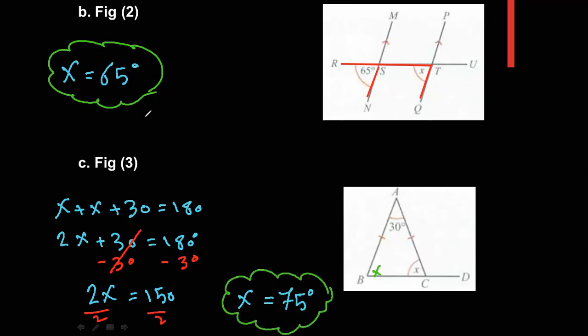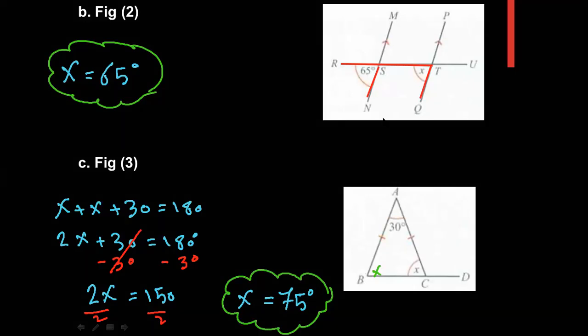Okay, let's move to the next problem. I have here the concept of the parallelogram. وأنا طبعا عرفت إن هو parallelogram because this is quadrilateral and each two opposite sides they are parallel. MN is parallel to QP and MQ is parallel to NP.